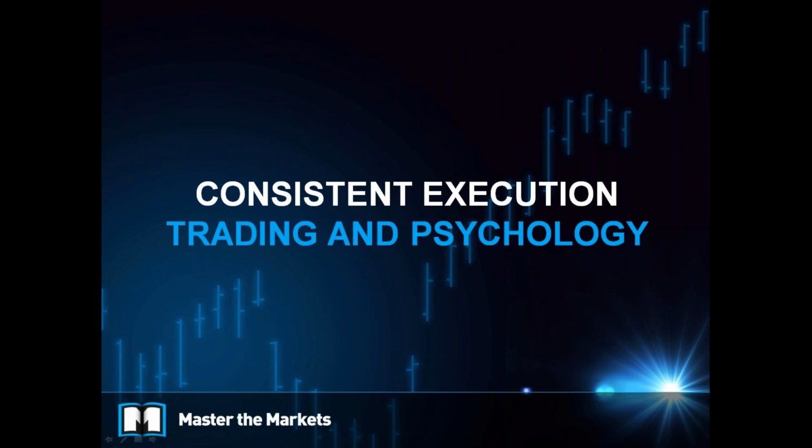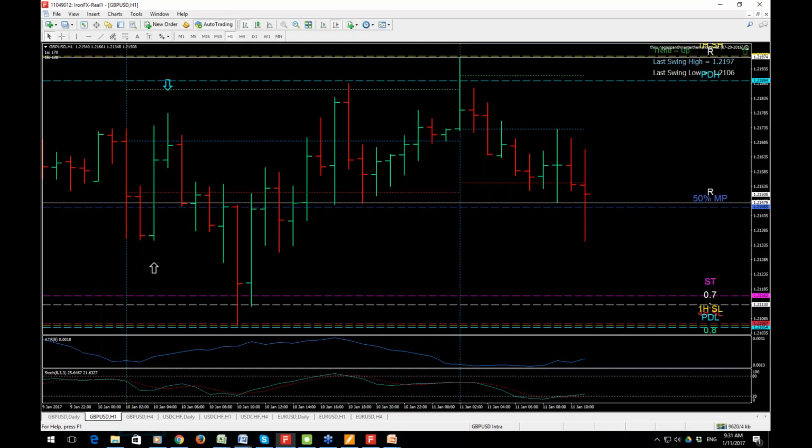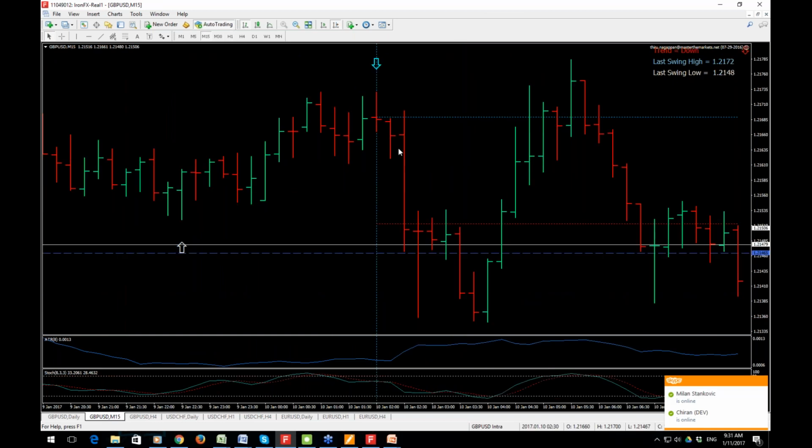And before I do that, I'm just going to quickly take a look at the market, because the news just came out for cable. Let me just see. Yeah, so you can see there's a big spike over here on the 15-minute chart. We'll get a much closer view into that.